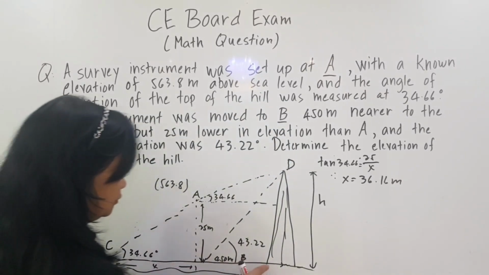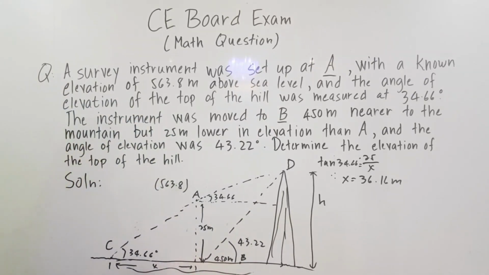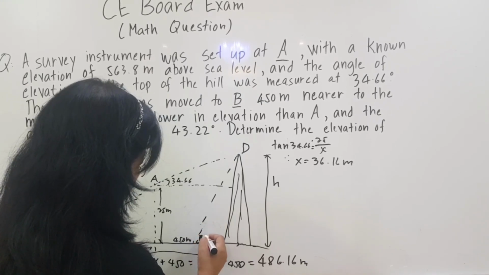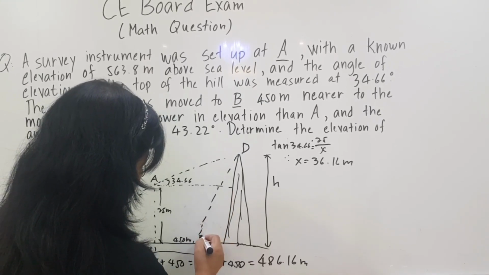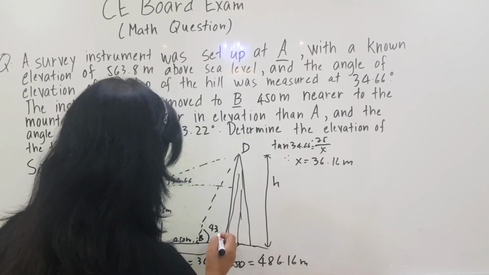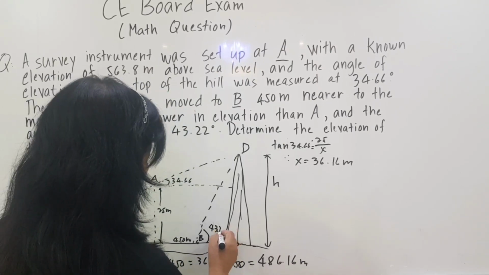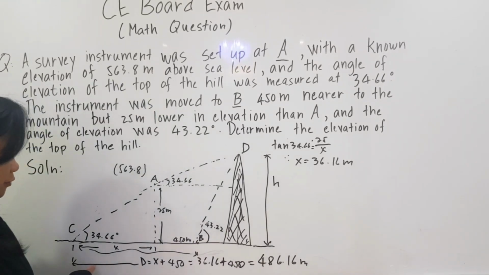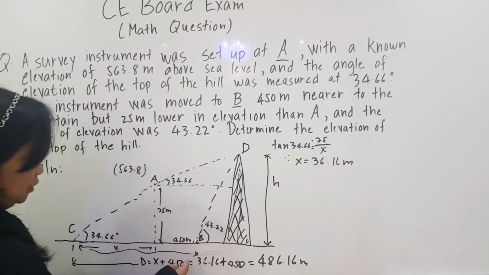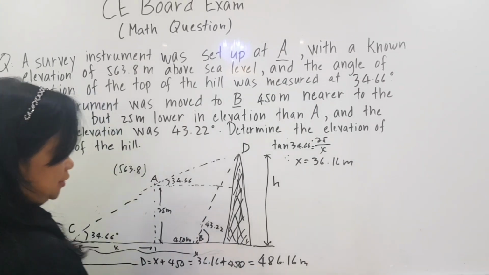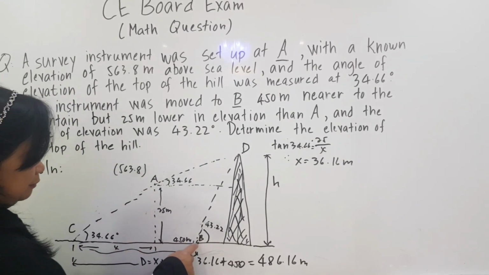So the total distance from here to B is x plus 450, which is equal to 486.16, because this one plus this one.